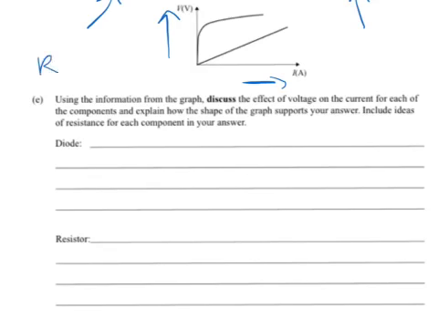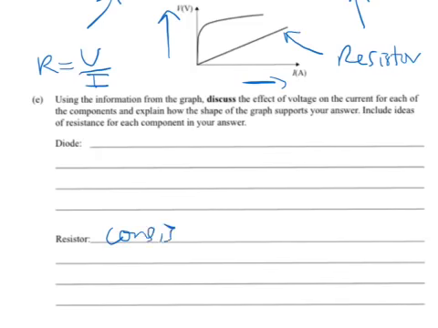Okay, remember from Ohm's law, R equals V over I. So this one here, they don't label it, but this is the resistor, so you're expected to know that. Resistors have a consistent increase in current as voltage increases, because we're discussing the effect of voltage on the current.